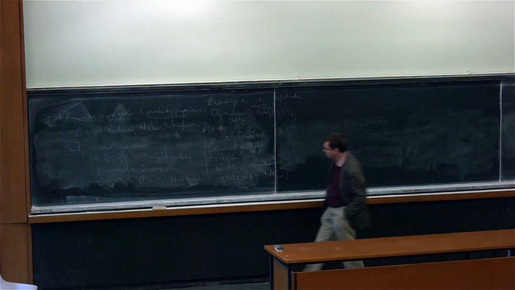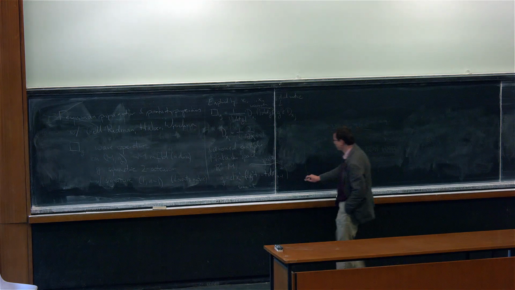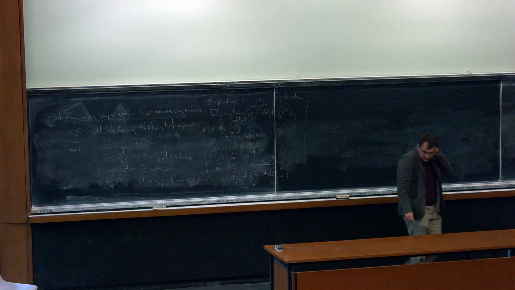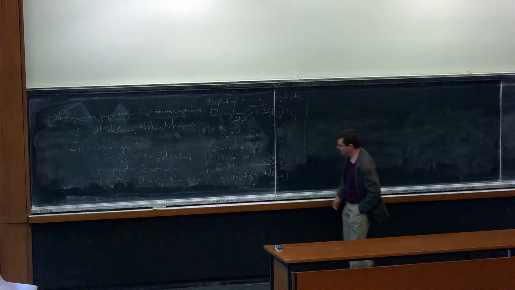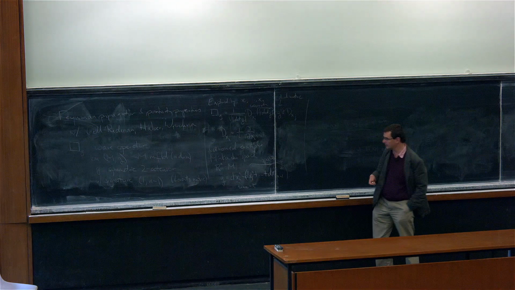Okay, and so what we want to do is to understand properties of the wave operator at the end of the day. Typically one thinks of the wave operator as an evolution operator.